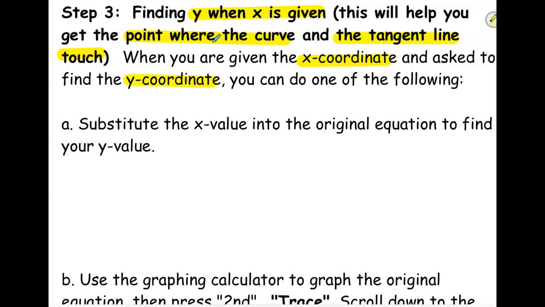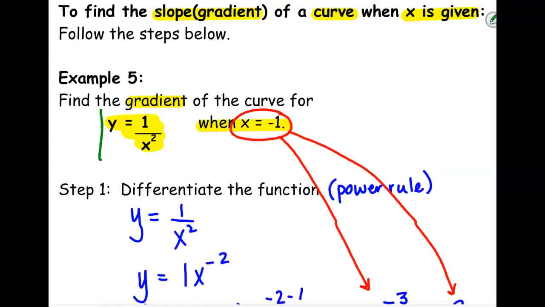So going back to the previous slide, here is our original equation for that curve. And we want to find out, where does this tangent line touch when the slope is 2? We're going to essentially take our x value, -1, and substitute it into the original function.